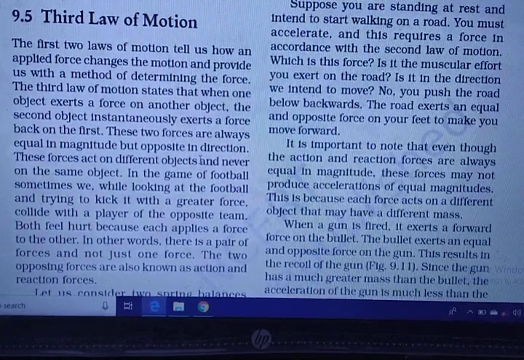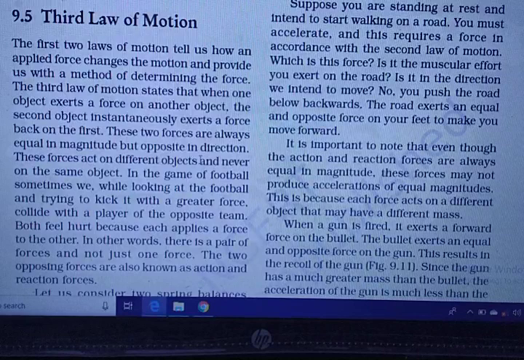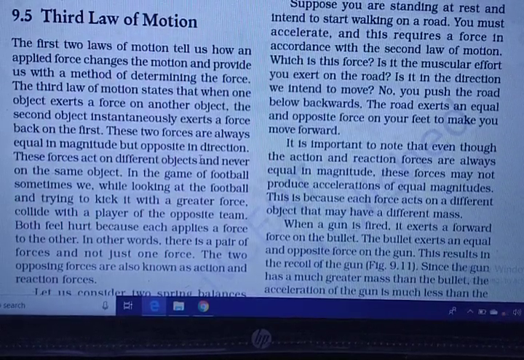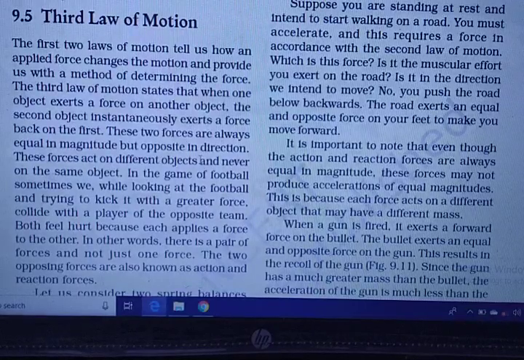Second was, as the external force is applied, the object will be unbalanced and motion will be created. Now the third law of motion states that when one object exerts a force on another object, the second object instantaneously exerts a force back on the first. These two forces are always equal in magnitude but opposite in direction.